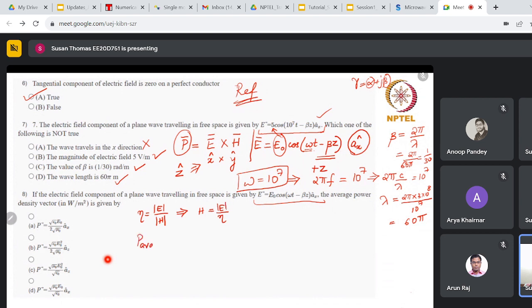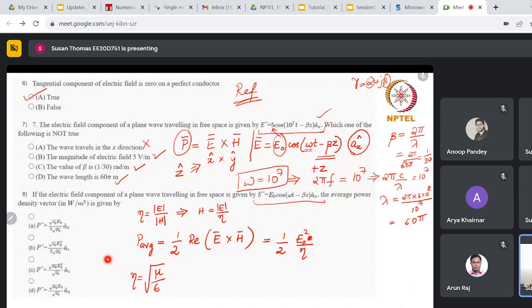So now, coming to the equation of average power density vector, this is from electromagnetic field theory, half into real of E cross H. Okay. So this can be expanded as E into E by eta, that becomes E square by eta. So I can write E naught square because it's a magnitude. Now eta can also be written as root of mu by epsilon.